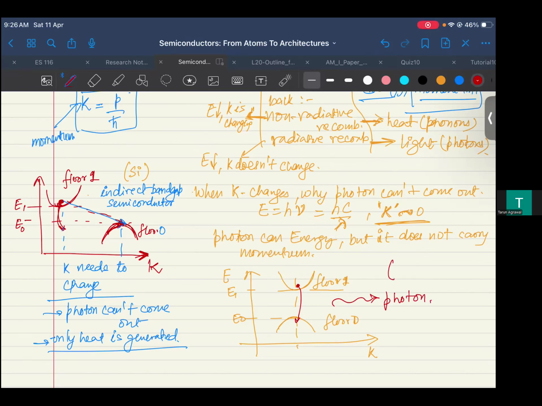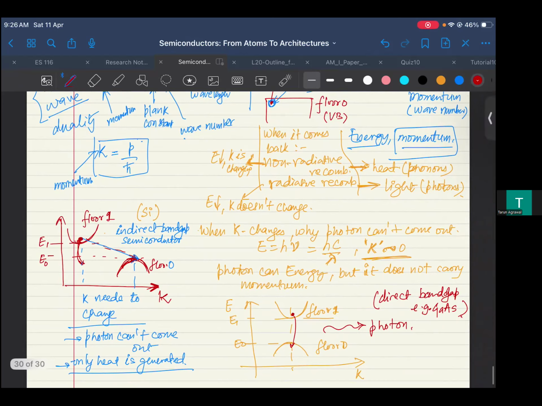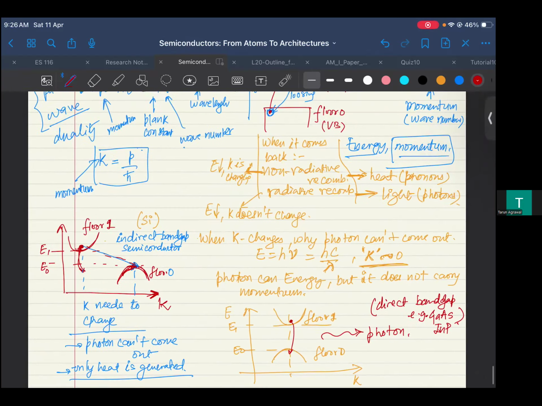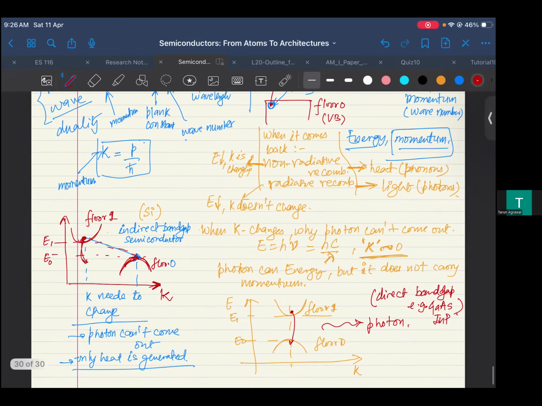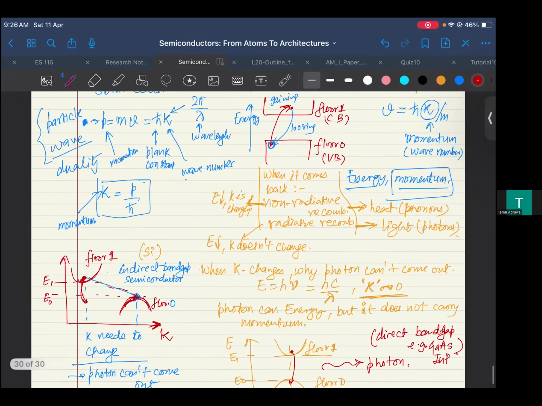These semiconductors are called direct bandgap semiconductors. An example of this is gallium arsenide, or 3-5 materials like indium phosphide. These are the materials where momentum plays a very important role.